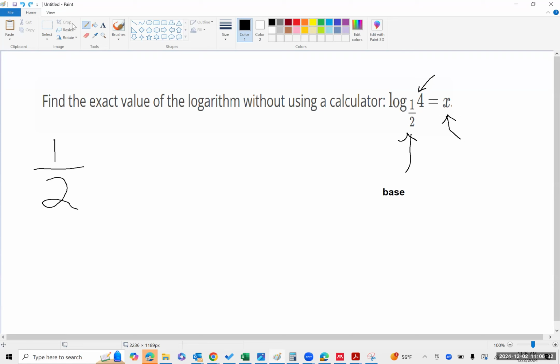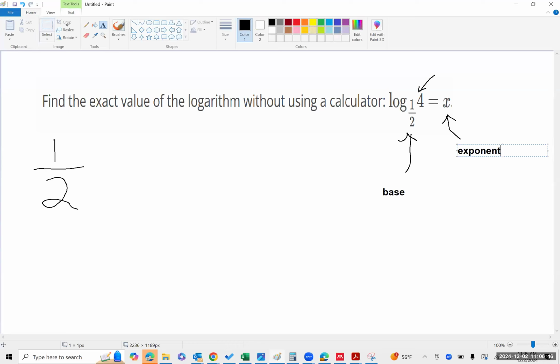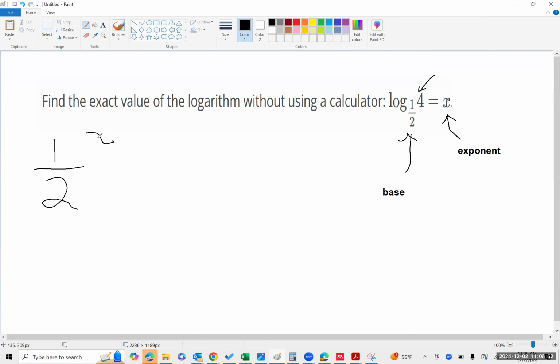So that's the exponent, and I'm going to put the exponent over here. Okay. Now I'm going to make a table. Call this y. That's the output.